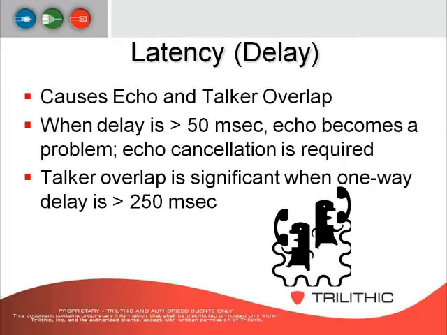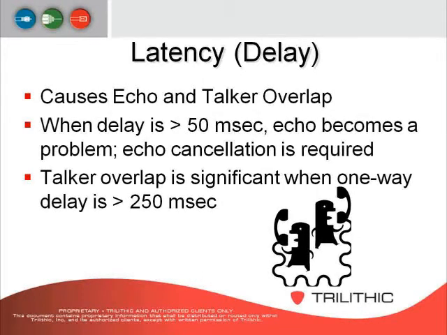Now, latency causes echo and talker overlap. When delay is greater than 50 milliseconds, echo becomes a problem, and echo cancellation is required. Talker overlap is significant when one-way delay is greater than 250 milliseconds.